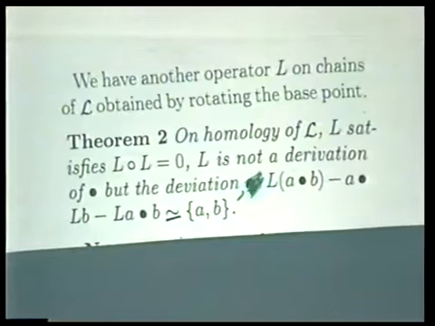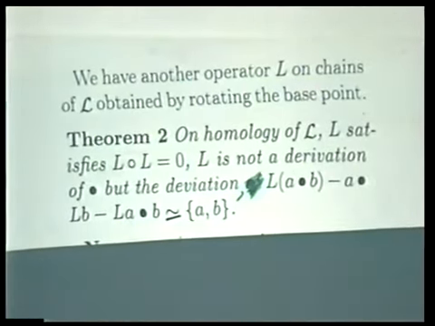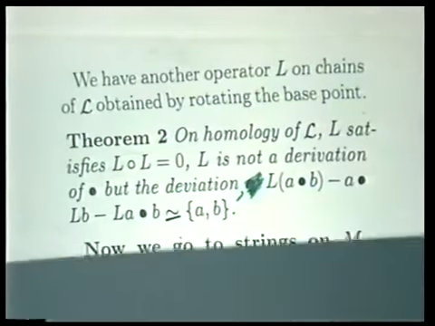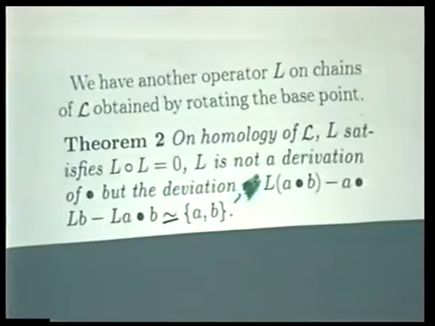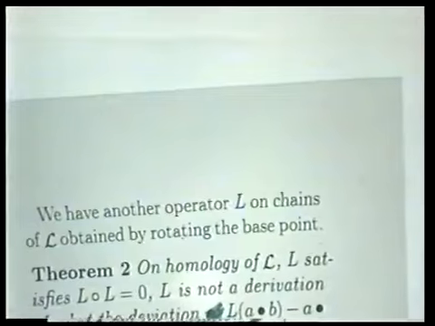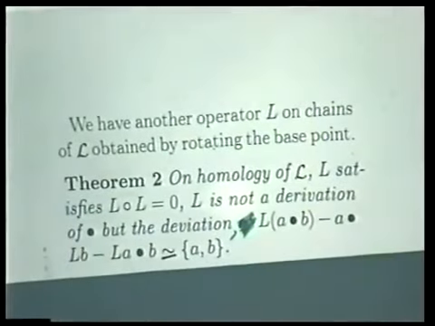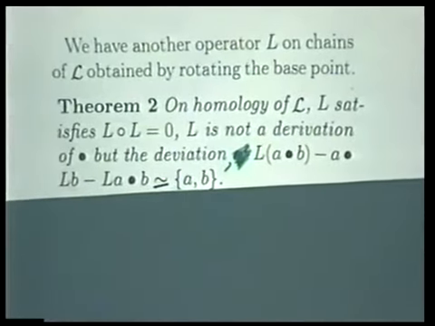It's not a derivation of dot. These algebras are called Batalin-Vilkovisky algebras. So the homology of the free loop space has the structure of a BV algebra, in fact.